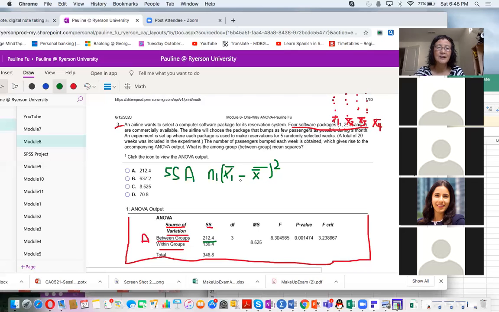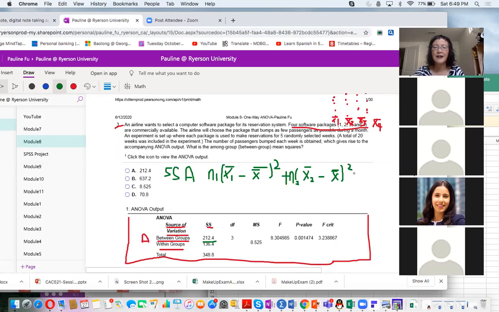Okay, and then repeat yourself for group 2. Group 2 average is X2 bar, minus total average X double bar, square it, and then times group 2 sample size N2 in the front.